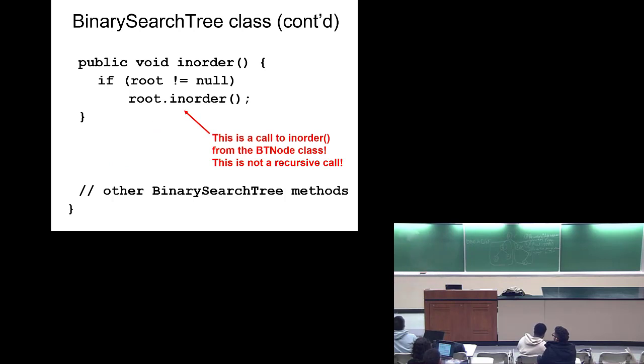Pay attention. This is not recursive because what? We are not calling this method itself. We are invoking the in-order traversal which we have implemented in the BT node, right? BT node. It's making sense, right? So please, guys.